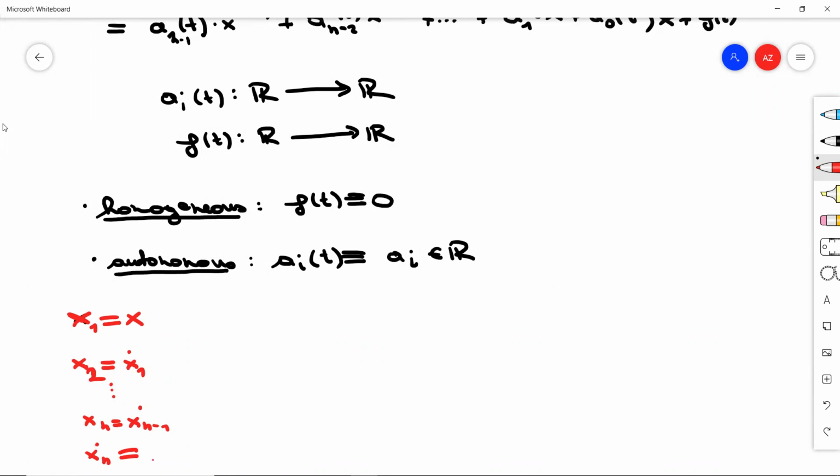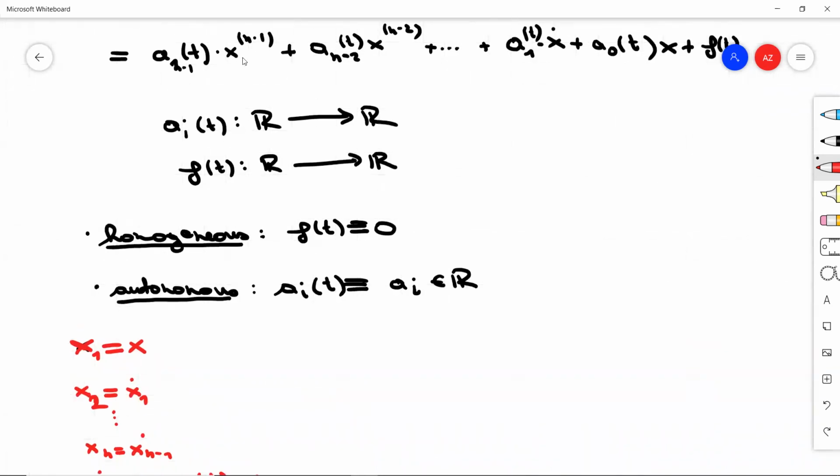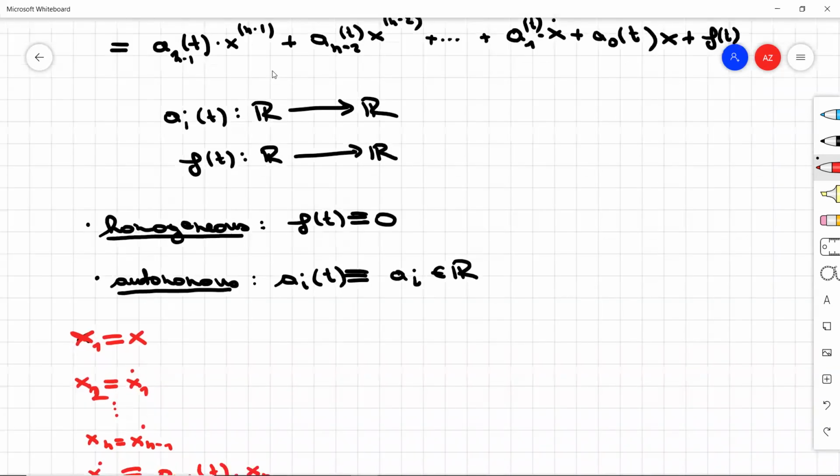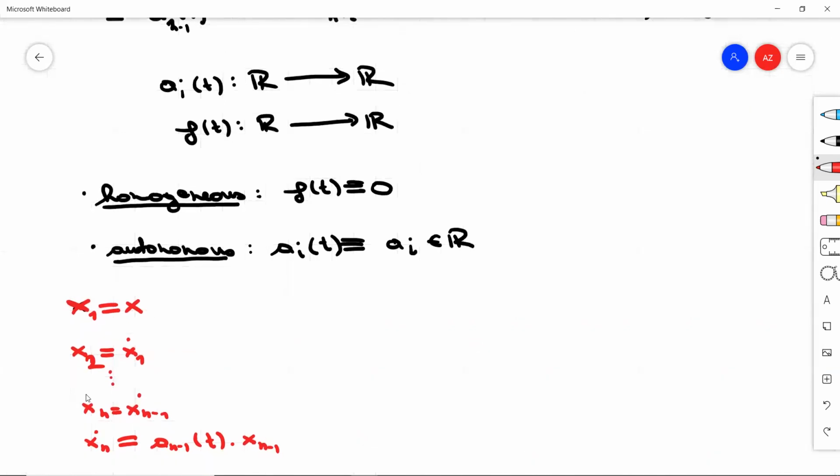So it is an minus 1 of t times xn, because we had here the n minus first derivative of x, which is in fact xn.